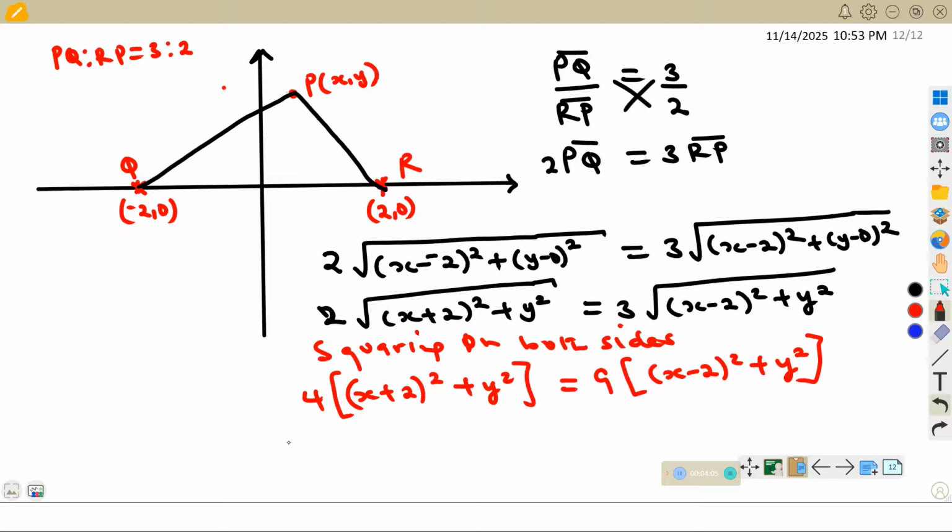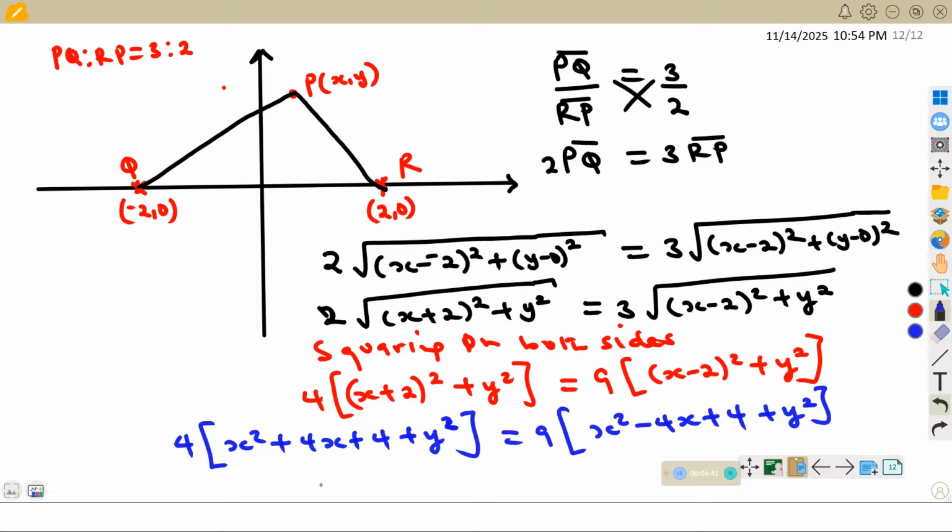So we can try to simplify this as 4 into x squared plus 4x plus 4 plus y squared, and this will be equal to 9 into x squared minus 4x plus 4, then plus y squared.